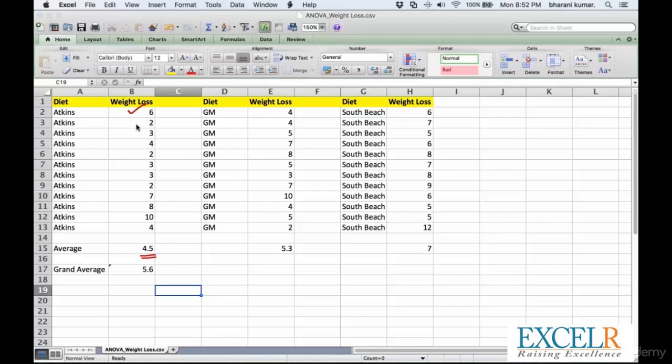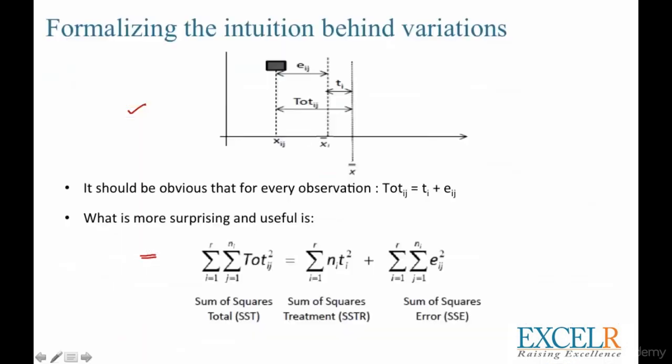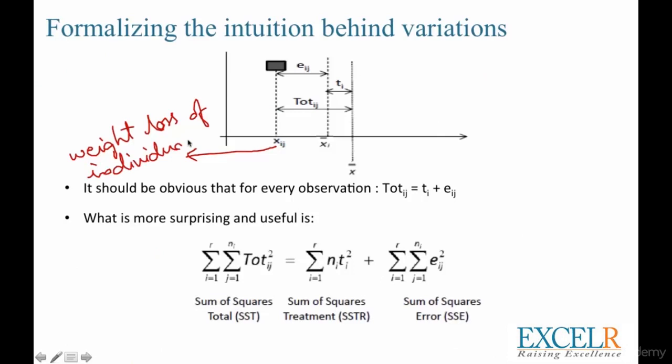Weight loss of the second person is 2. It is not equal to 4.5. In that way, the weight loss of an individual would not be exactly equal to the average weight loss of that group.